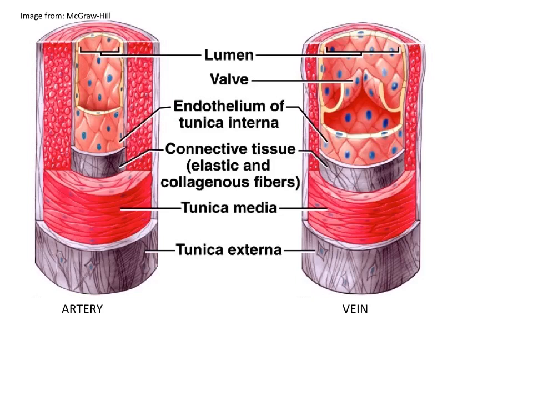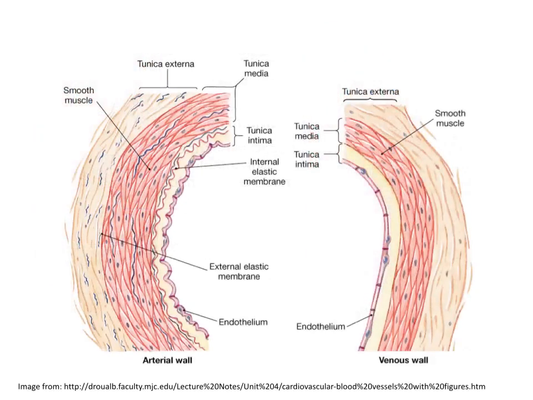This roughened tunica interna is formed by valve structures. The valve structures are retroflow valves, meaning they do not allow for blood to move backwards. They're there to keep the blood moving forward, and it has to do with the fact that veins have a zero or near zero pressure within them.